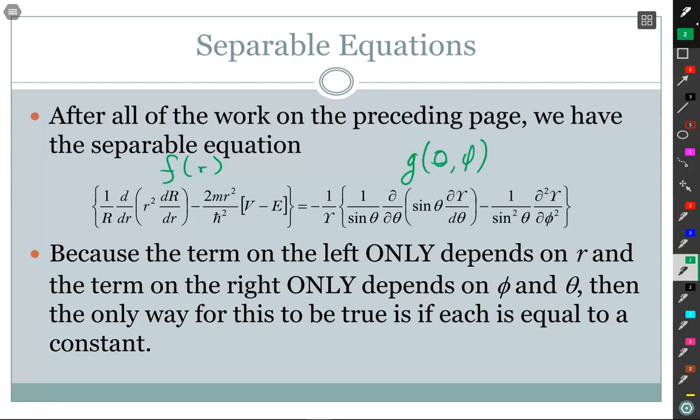How can this be true? How can I have a function of R equal to a function of theta and phi for all variations? Only if they're both constant. And so we're just going to set this equal to a constant. And now is where hindsight is super important.